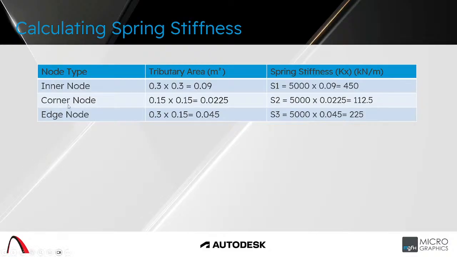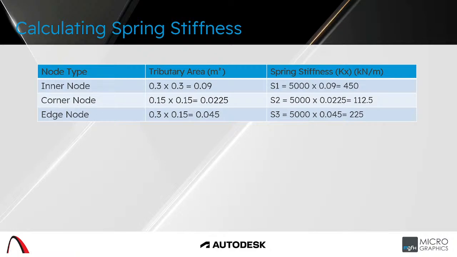So for inner nodes, the area will be 0.3 by 0.3, which will give us 0.09 meters squared. And then the stiffness will be the bulk modulus multiplied by the area, and it will give us 450 kilonewton per meter.